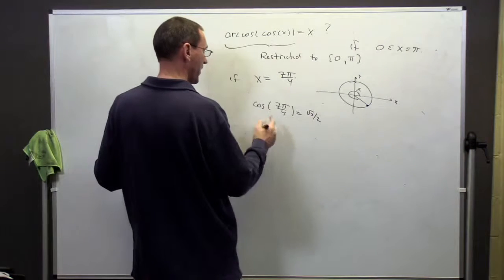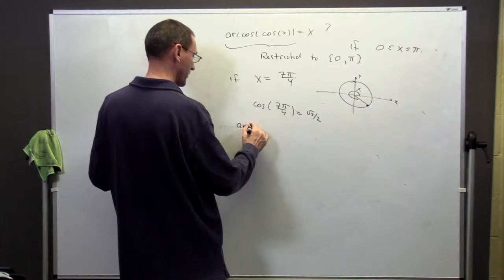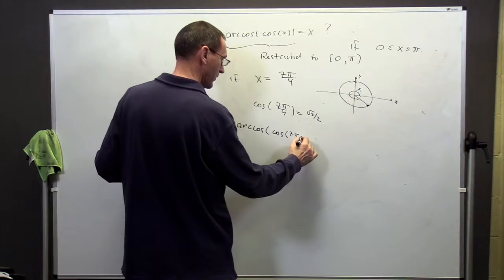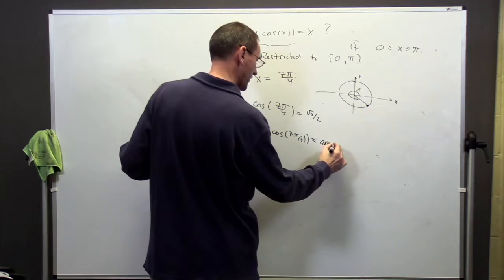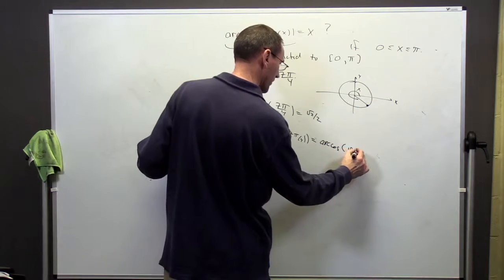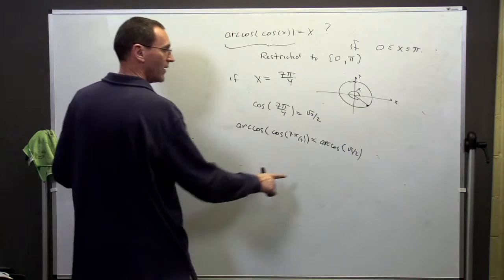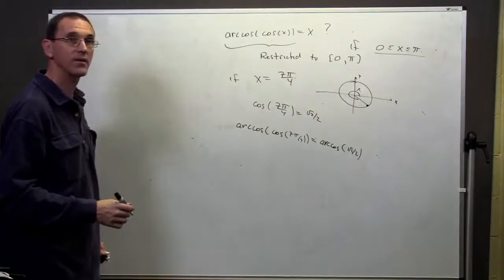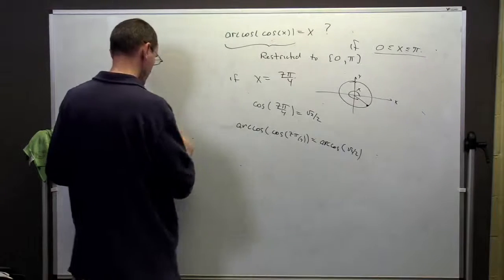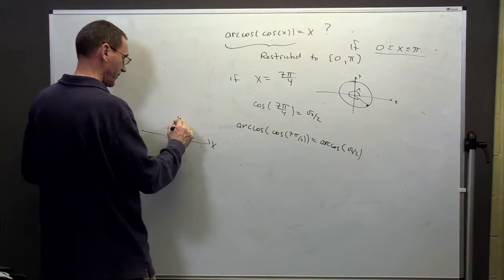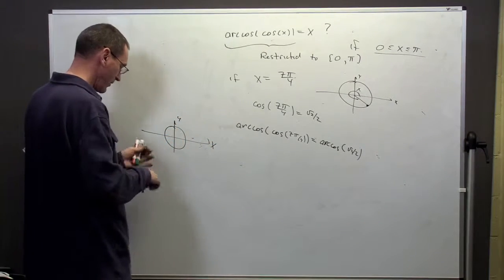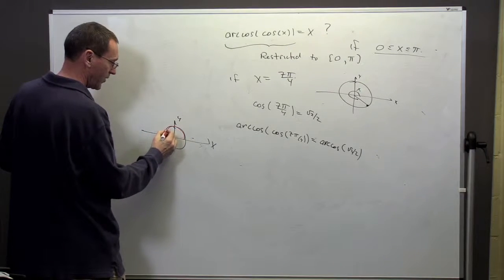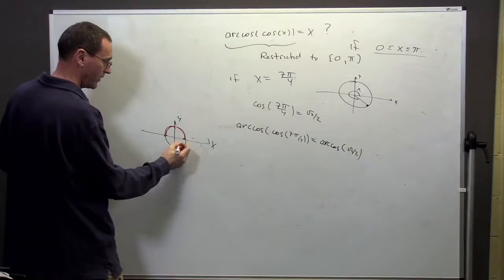But now if I take the arc cosine of this, that's going to be the arc cosine of square root of 2 over 2. We've defined this function to only work in terms of its range. So if I go back to here, I'm only working with angles that are going to give me this part of the unit circle.